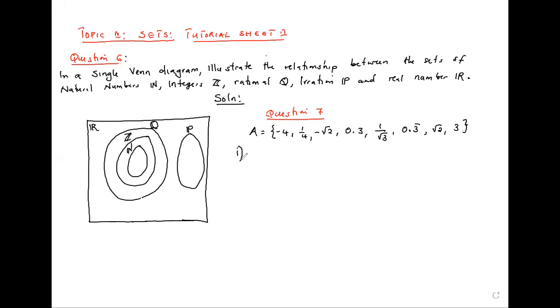1, a set of natural numbers. We are listing now. Which ones are natural numbers?